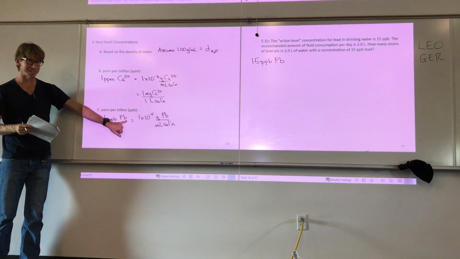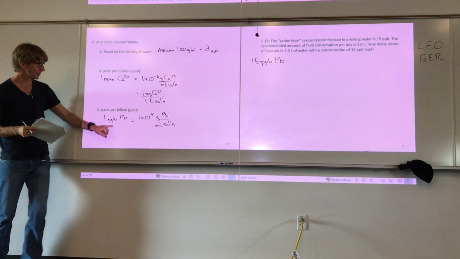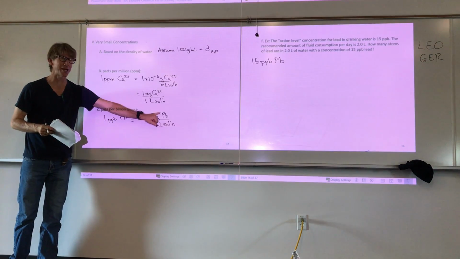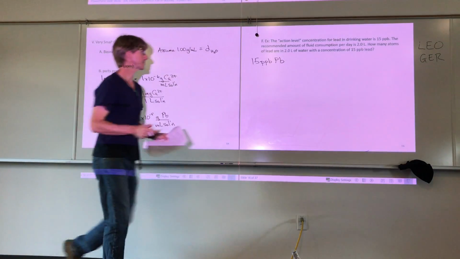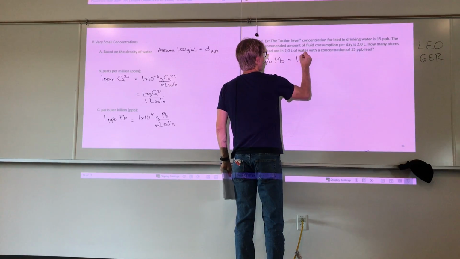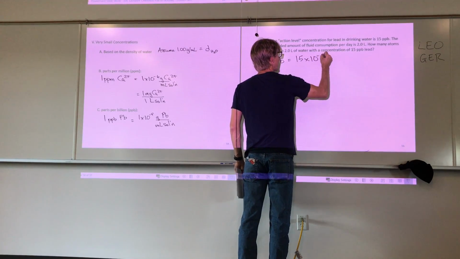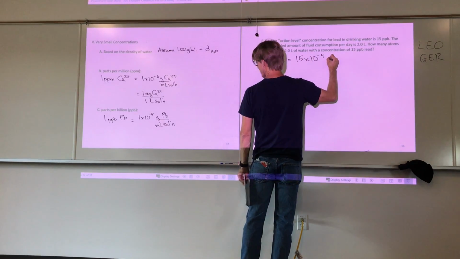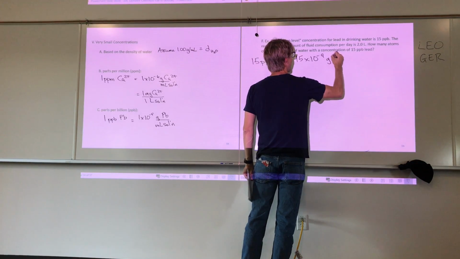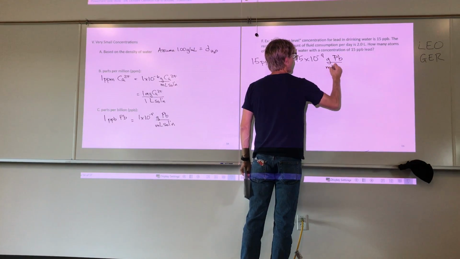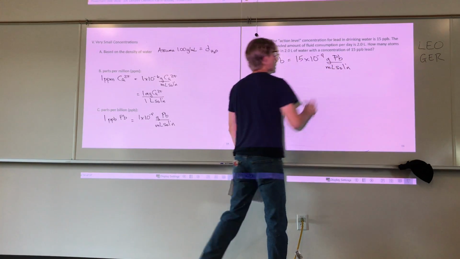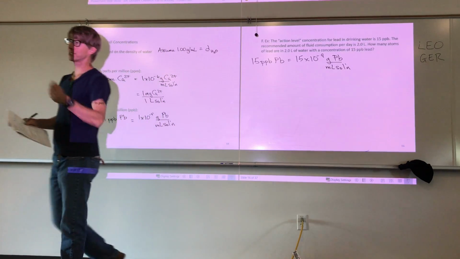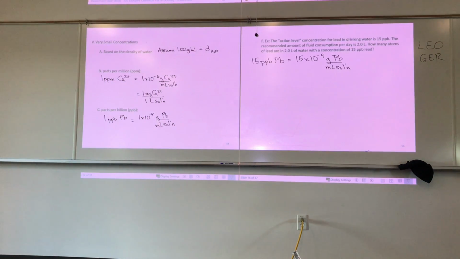All right, so 15 parts per billion. 1 part per billion is this. 15 parts per billion will be 15 times 10 to the minus 9 grams of lead per milliliter. I just took the 1s and replaced them by 15s in that definition.